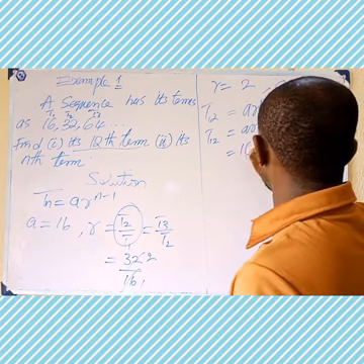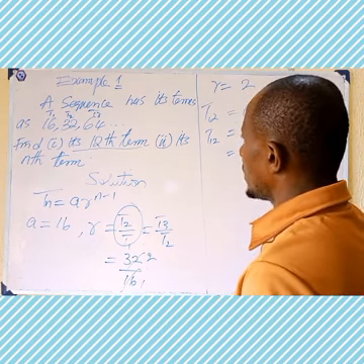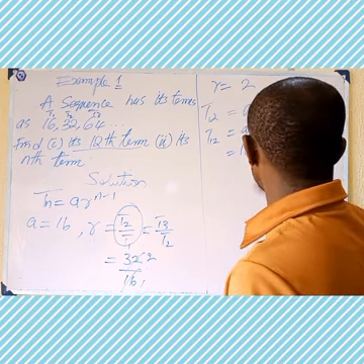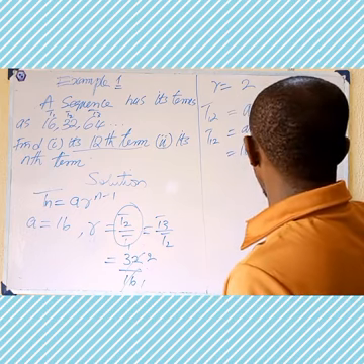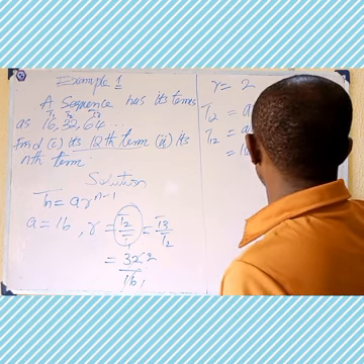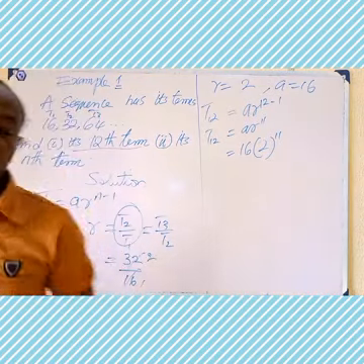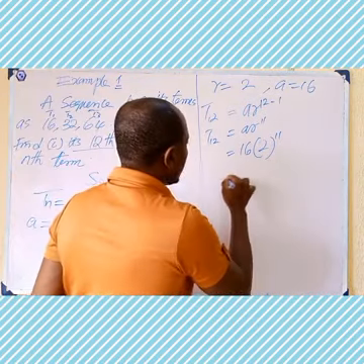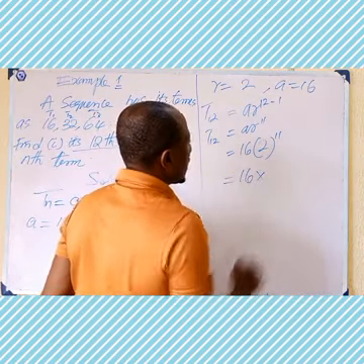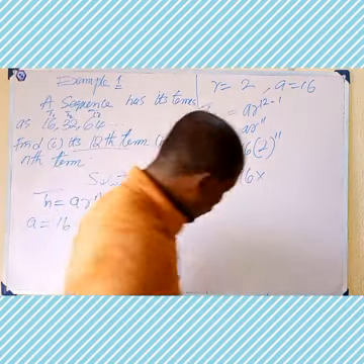a is 16. Our first term is 16 times r. Our r is 2 raised to the power 11. So this will give us what? 16 times 2 raised to the power 11 will give us 2048.